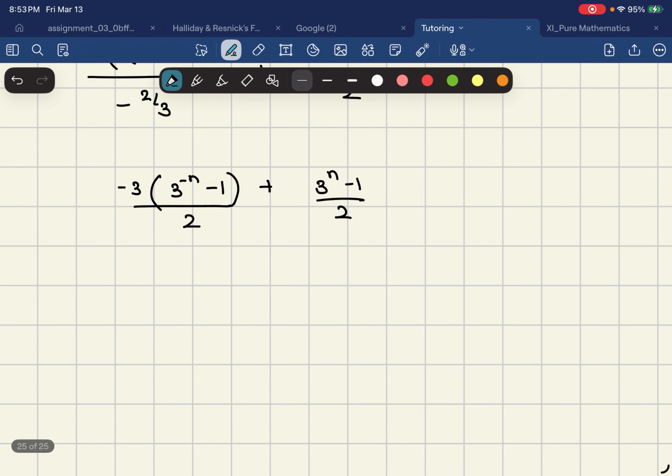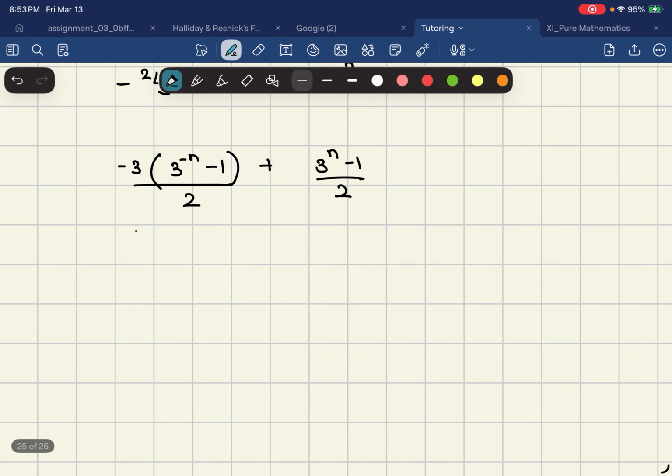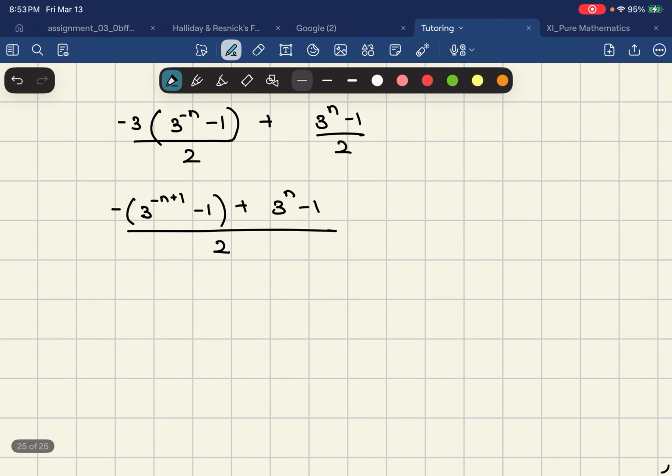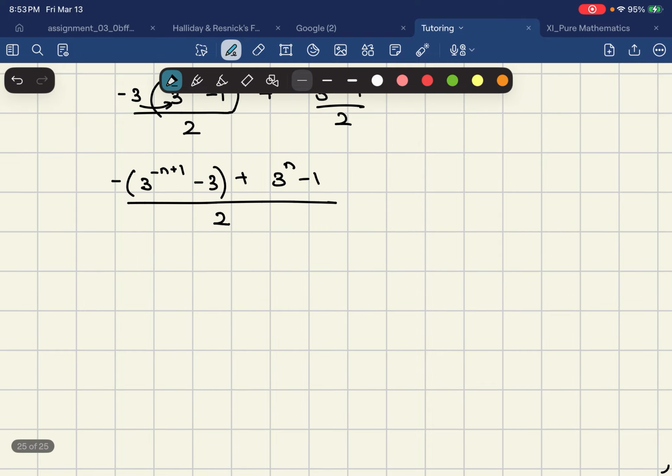So we have a common denominator of 2. Now, if I multiply by 3 inside, we have 3 to the power negative n plus 1, minus 1, plus 3 to the power n minus 1, divided by 2. I'm just simplifying.